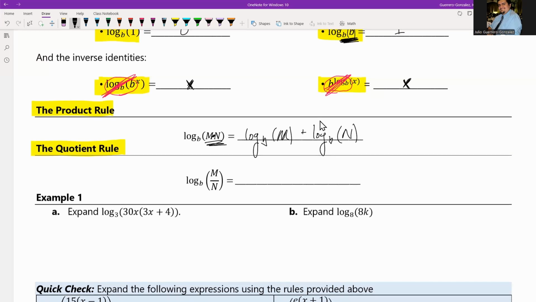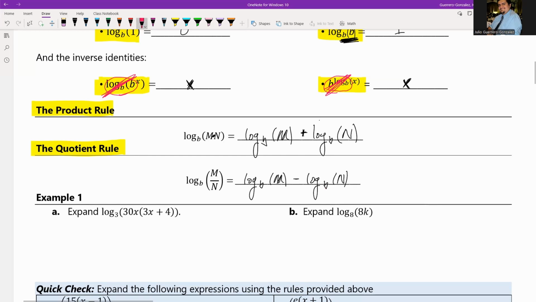Essentially saying we can split the multiplication up inside a logarithm as the sum of two logarithms. And likewise, if you have the division, hopefully you guys can see where this one's going: log base b of m minus log base b of n.